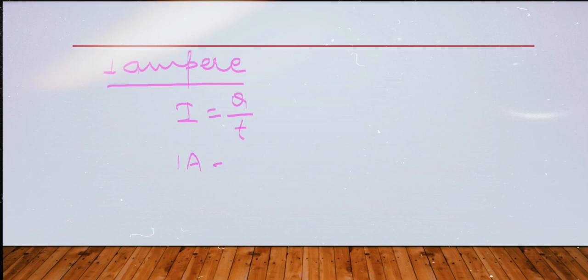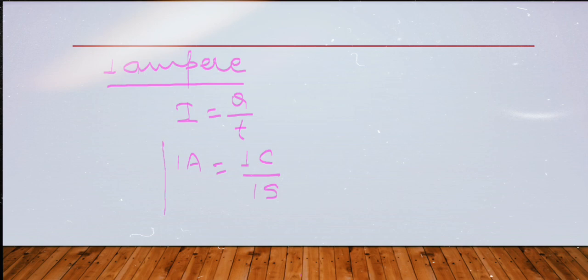Now, let us define what is 1 ampere of current. If the question is asked, how will you define 1 ampere? Now, students, we know the formula of current, that I is equal to Q upon T. When we write it, 1 ampere is equal to 1 coulomb divided by 1 second, that is 1 coulomb per second, which is equal to 1 ampere.